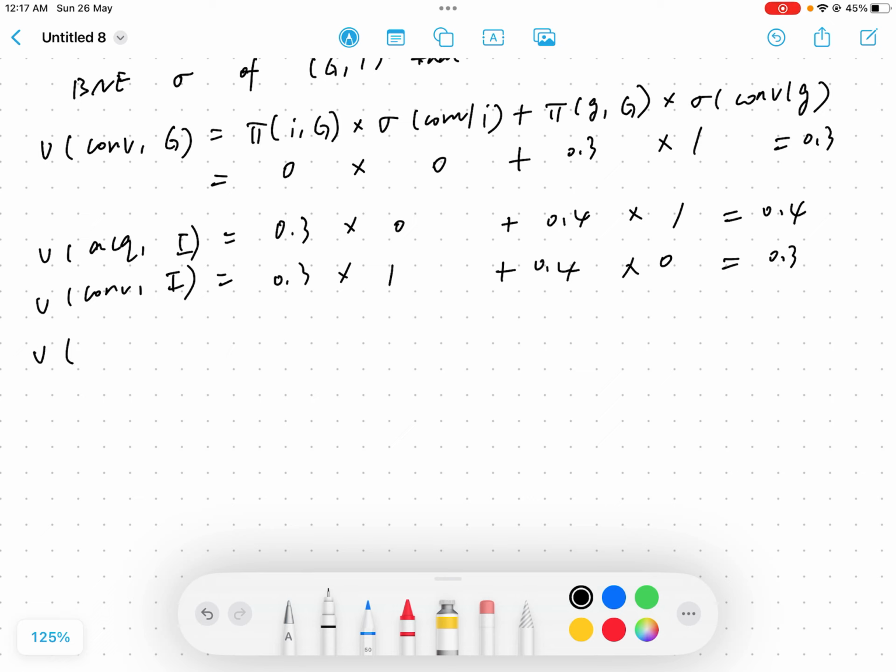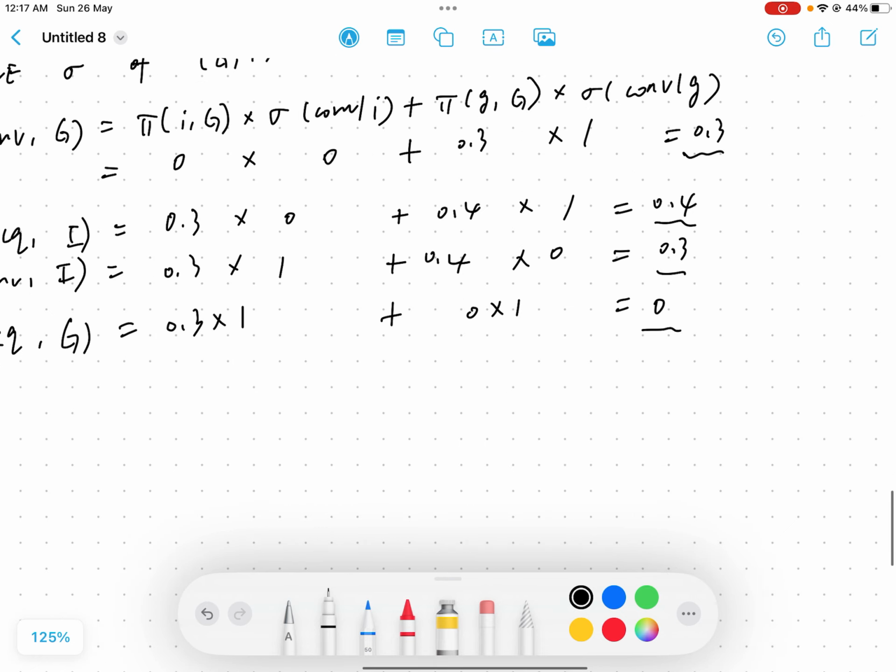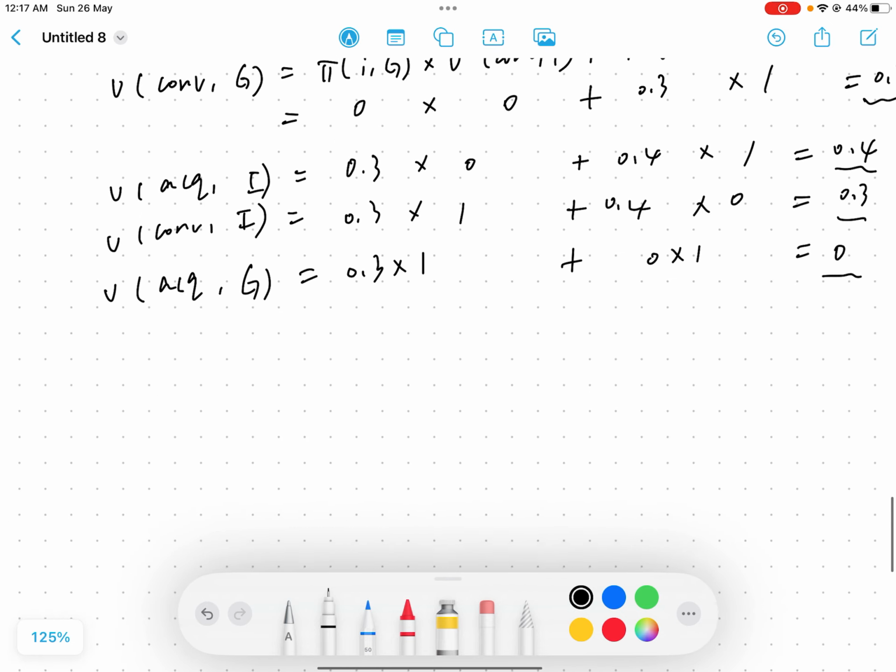And lastly, for the state G and the action acquit, this is just 0.3 times 1 plus 0 times 1, which is 0. We notice that those four numbers together add up to 1, so this is a valid joint distribution.